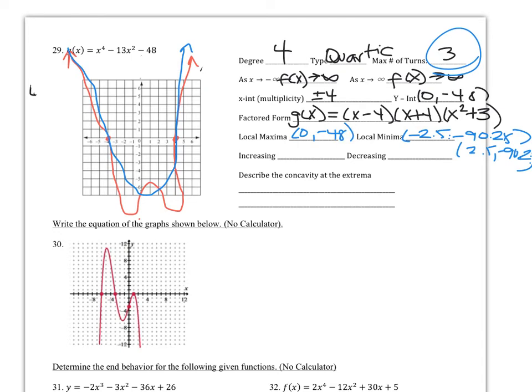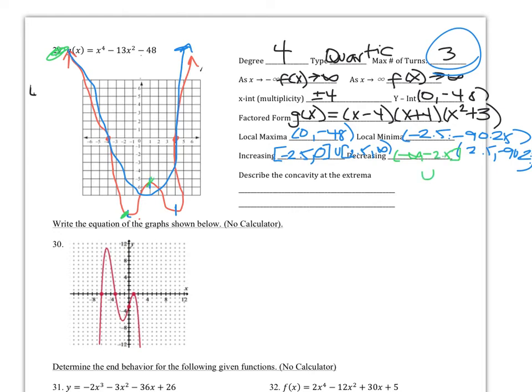So it's increasing from negative 2.5 to 0. And it's also increasing from 2.5 to infinity. And it's decreasing from negative infinity to negative 2.5.